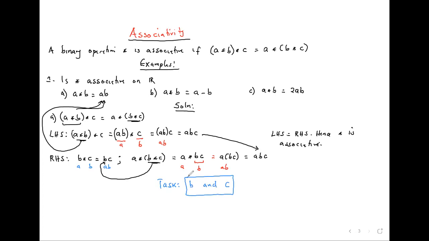Is the star associative there? Please, let's check. And then we join at 18:55.